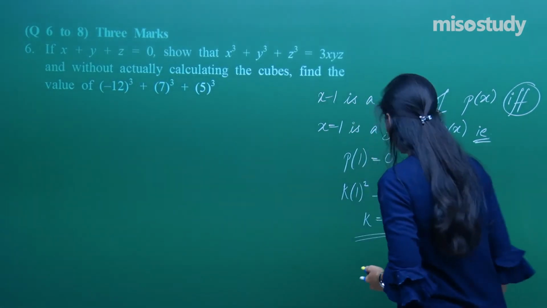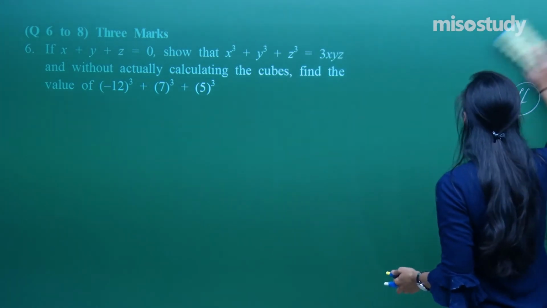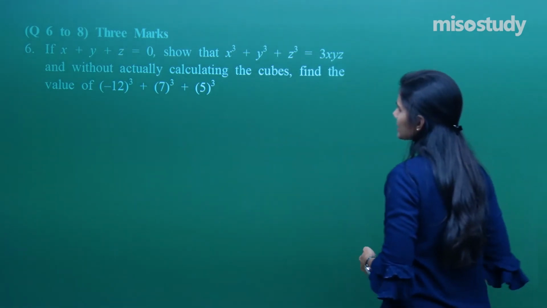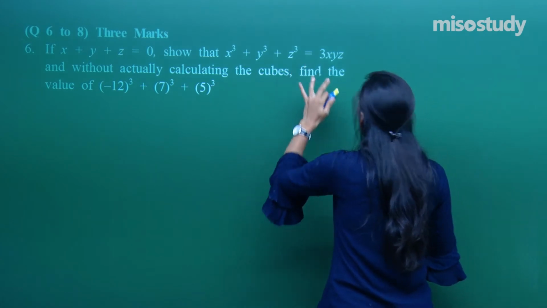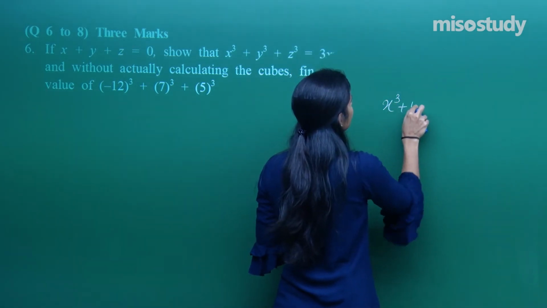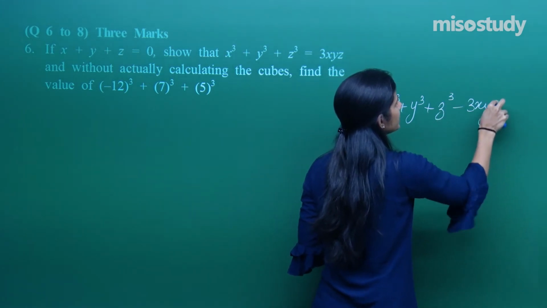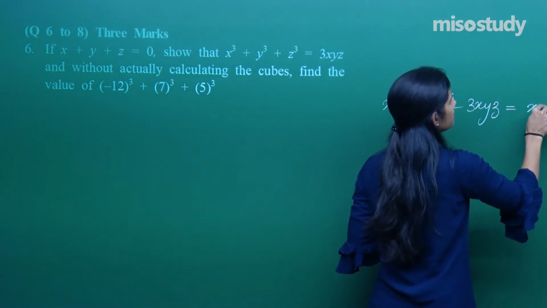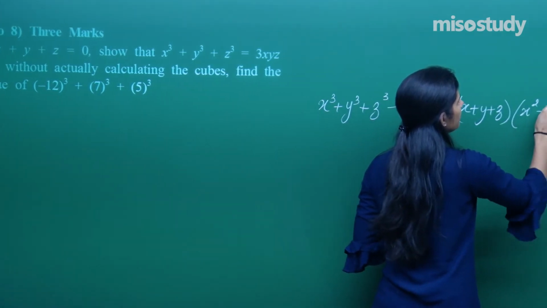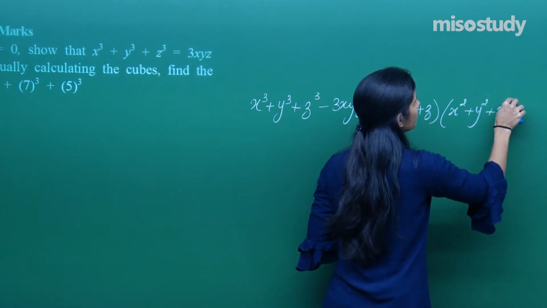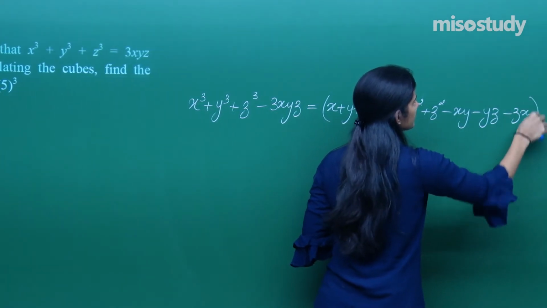Next I have, if x plus y plus z is 0, show that x cube plus y cube plus z cube is 3xyz. First of all, this we have to show. If you can recall, we know that x cube plus y cube plus z cube minus 3xyz can be written as (x plus y plus z) into (x square plus y square plus z square minus xy minus yz minus zx).